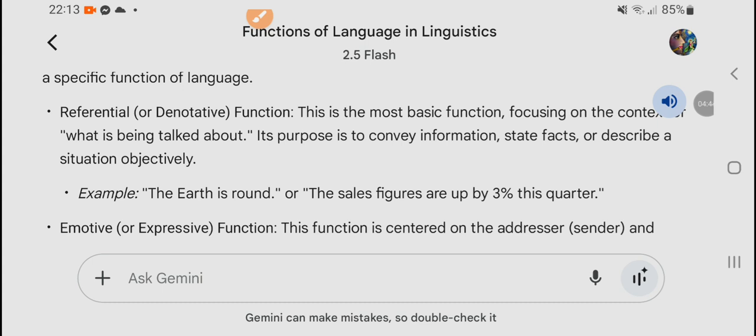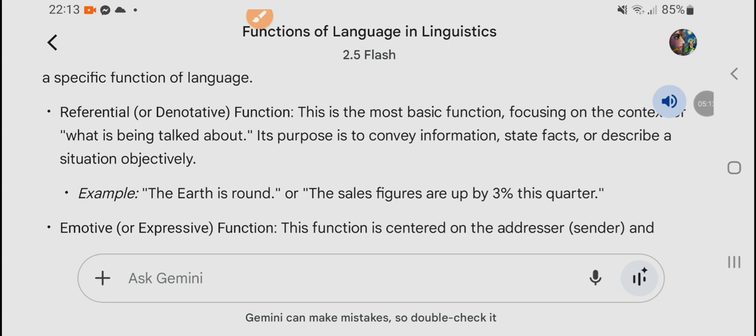Its purpose is to convey information, state facts, or describe a situation objectively. Suppose I am saying, I will not go tomorrow. The same sentence I may use in different contexts, different situations.